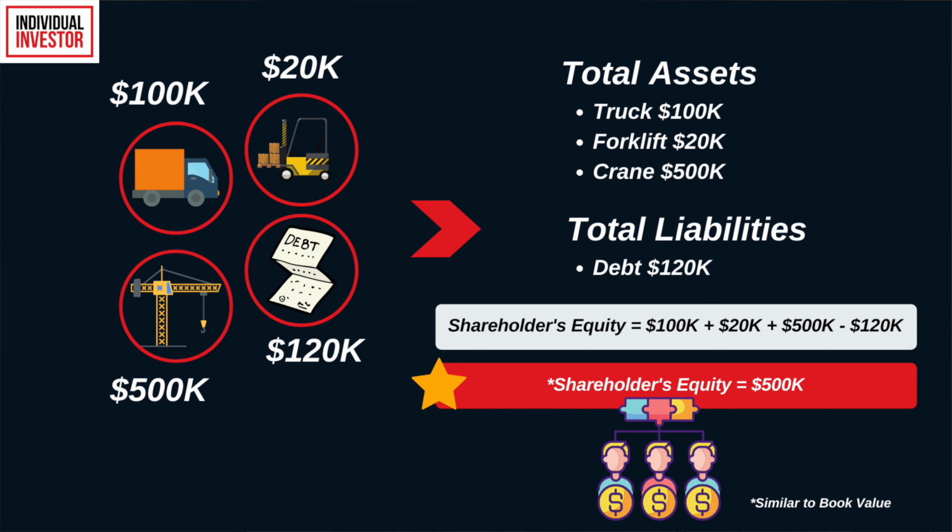And the reason we call this equity the shareholders' equity is because the shareholders have a claim over this equity. These are basically the net assets that, in theory, the shareholders own. And this equity is also called the book value of the business because similarly, in theory, this is what the business is worth.